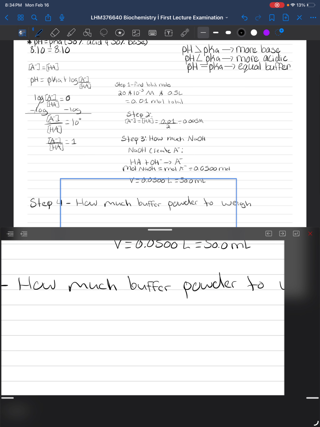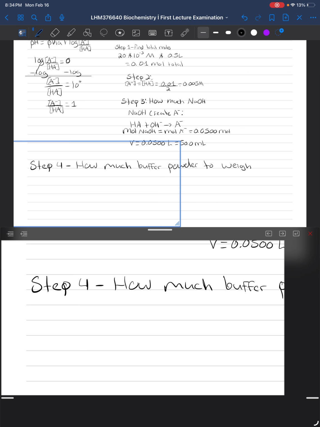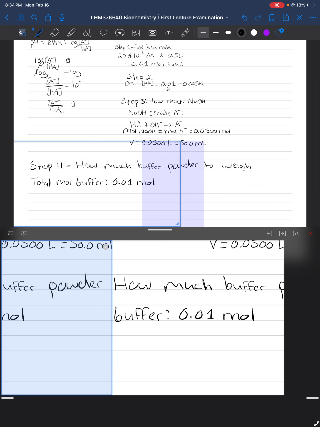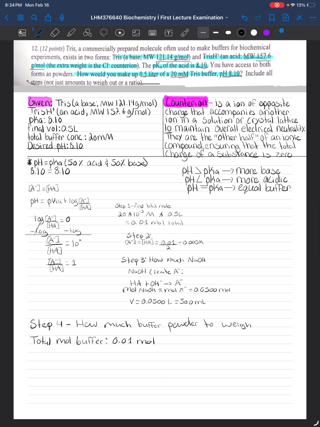And the total moles of buffer, remember, is 0.01 mole, which we calculated in step 1, right here.